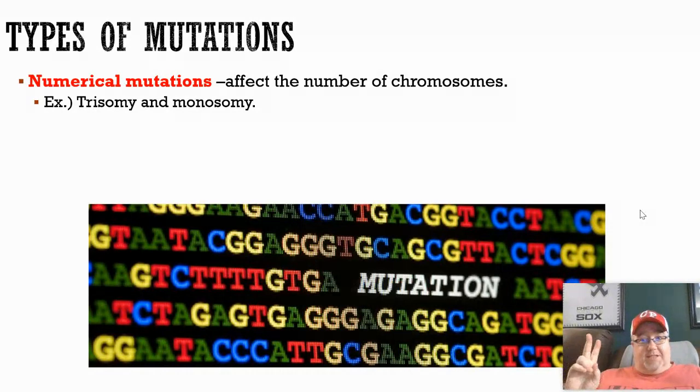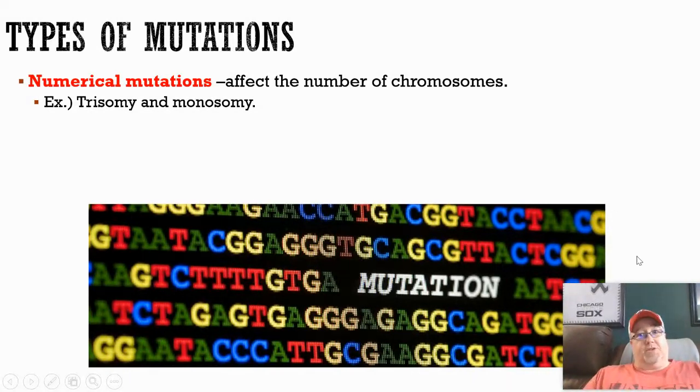The word syndrome basically refers to a lot of complications. There's not just one specific thing wrong with people that have Down syndrome. There's multiple things that are wrong, but it all is due to them having an extra 21st chromosome.